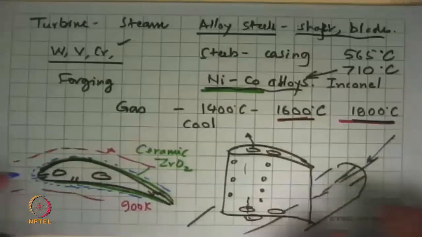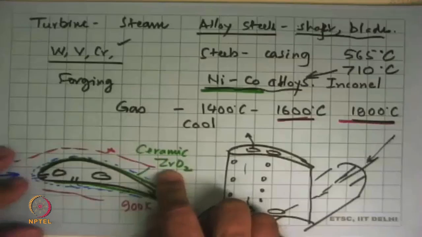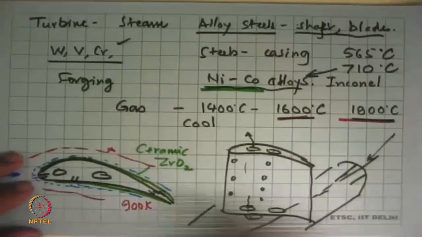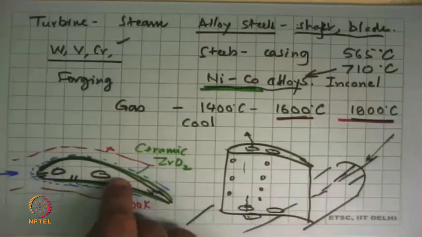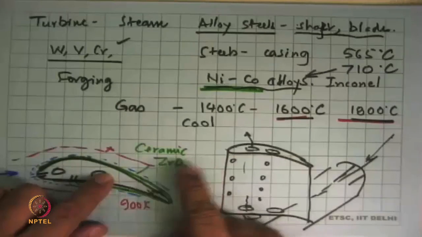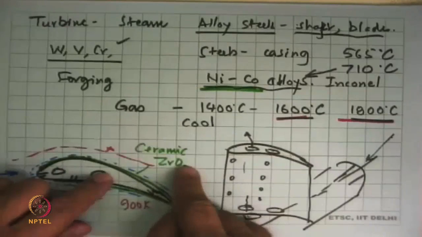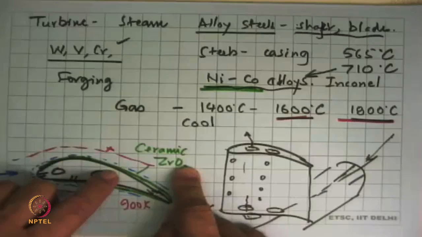The trouble is, first, ceramics are very, very brittle, and in a machine like this, if it comes off, that's a problem. The second thing is, if the blade is made of nickel and cobalt, and this is zirconium dioxide, ZrO2, there is no way that we can make zirconia stick to a nickel cobalt alloy.